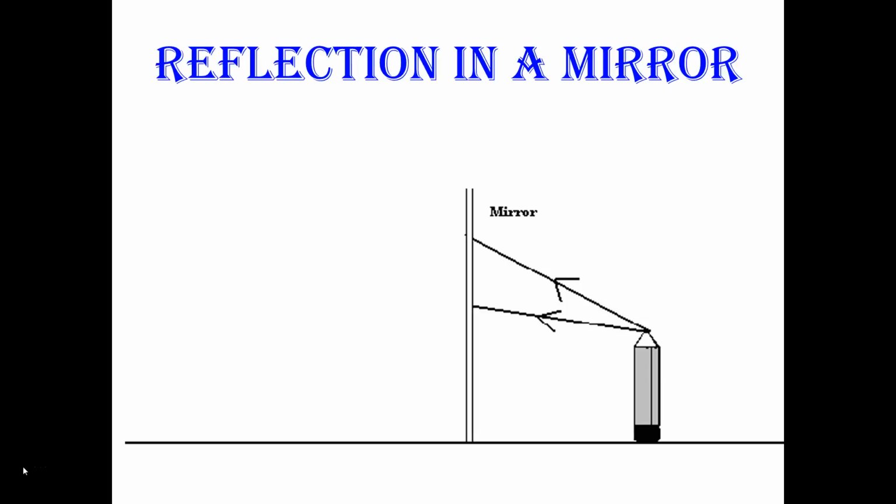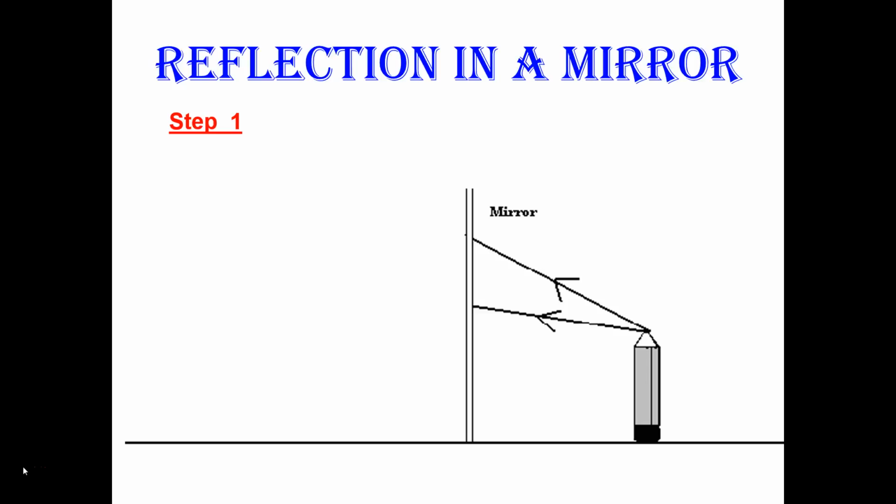Let's look at how an image forms in a plane mirror or in a straight mirror. So there are an unlimited number, an infinite number of light rays that leave the object and strike the surface of the mirror. In this diagram, we've only shown 2, and we've done that just to keep it simple.